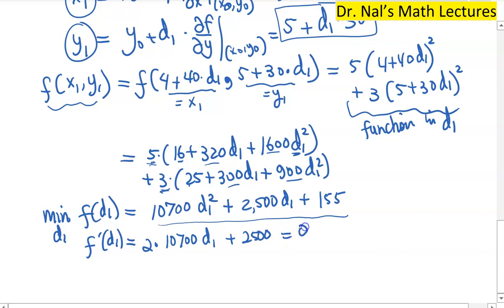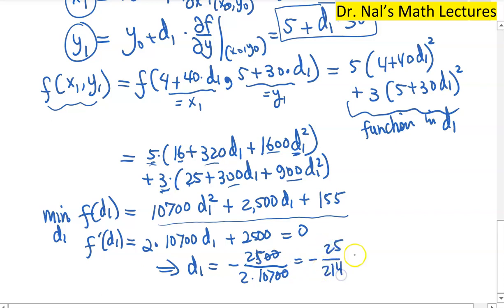I set it equal to 0 to find out that our step function is minus 2,500 divided by 2 times 10,700. The zeros in the end cancel, so that's minus 25 over 214, which is roughly equal to, so you guys can find the value of the step function.